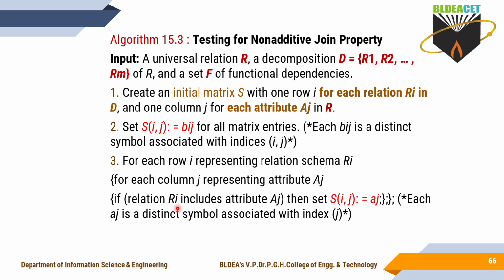So if relation Ri includes attribute Aj, then set S(i,j) to a(j). Here j indicates the column and i indicates the row. Earlier you initialized all the values as b(ij), where i is the row and j is the column. Now, in that particular row, if that attribute is there in R1, then you set that value as a, and you represent only the column number.